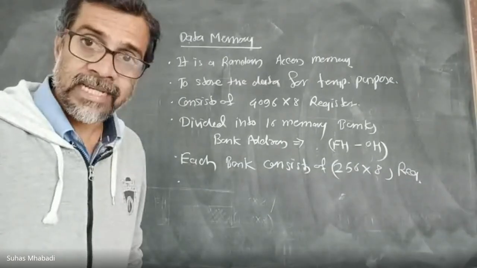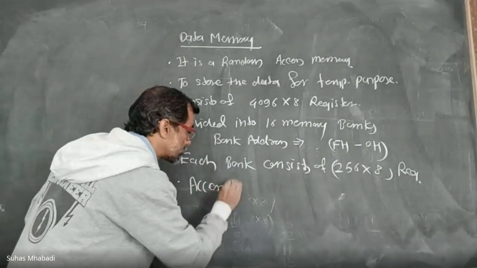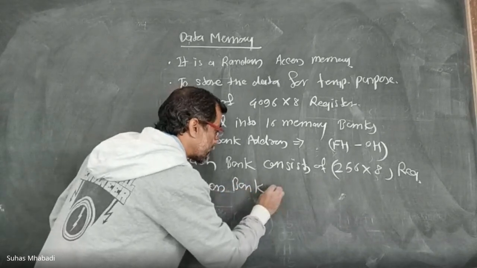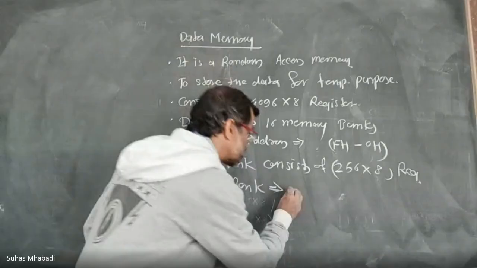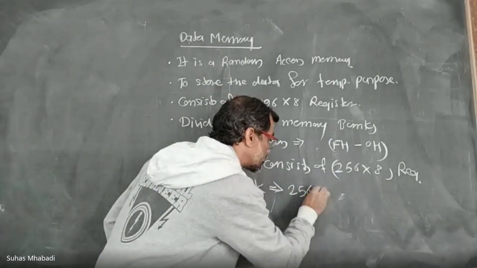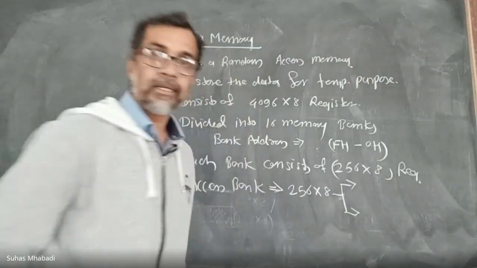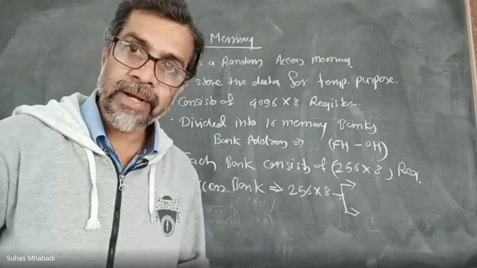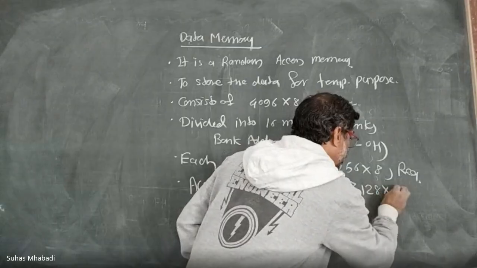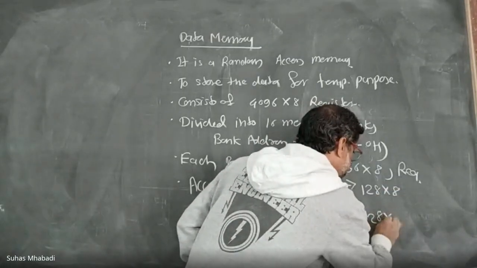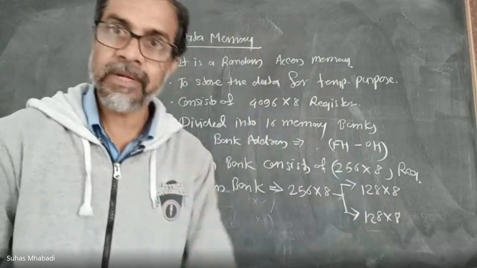The concept of Access Bank. Access Bank consists of 256 registers. It is divided into two sections, 128, 128. First 128 is called as GPRs.